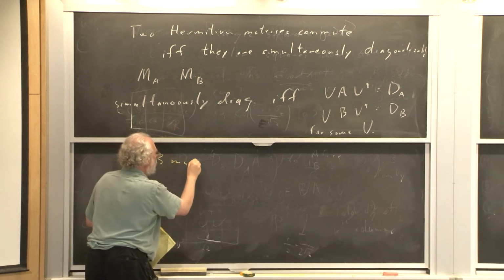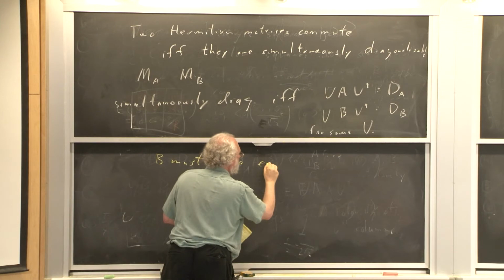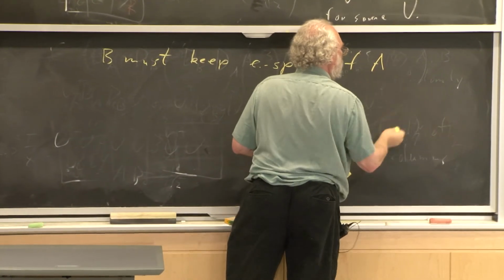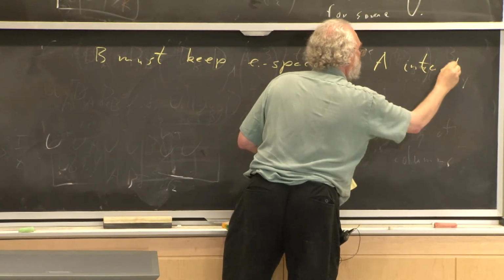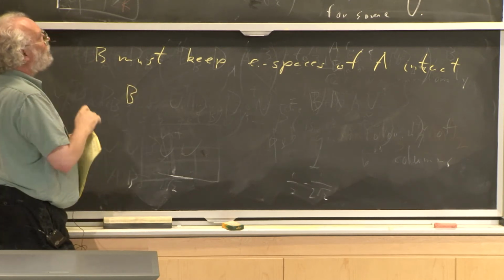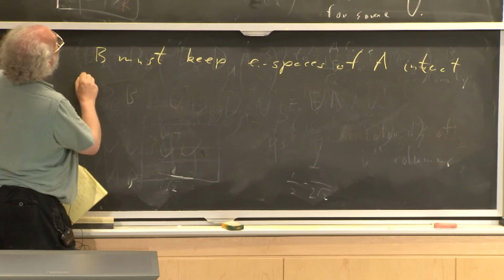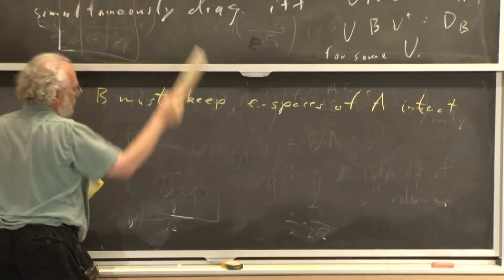B must keep eigenspaces of A intact. So that's what happens if we, so let V, I seem to have switched notation.